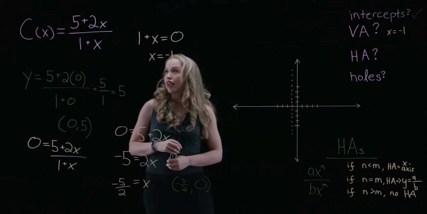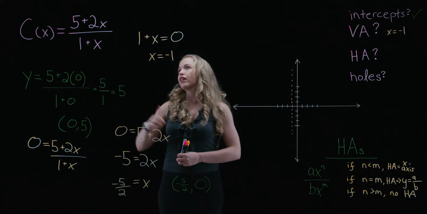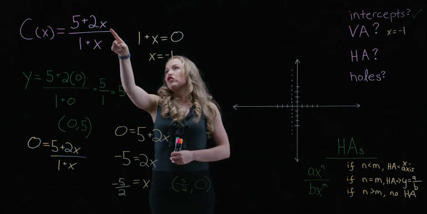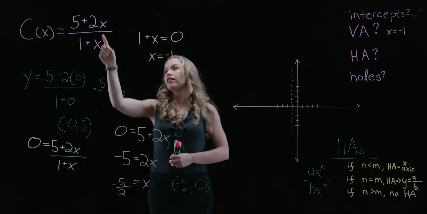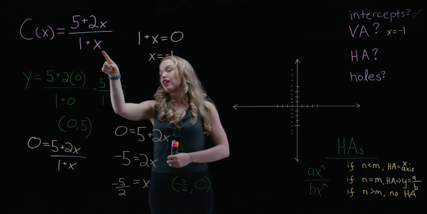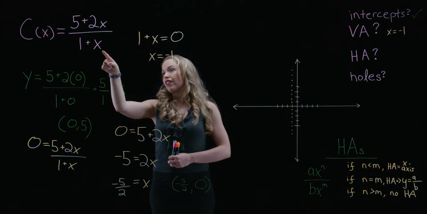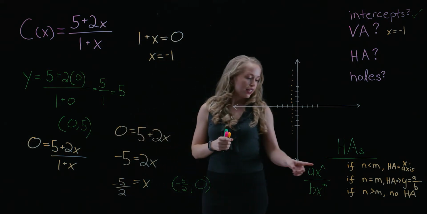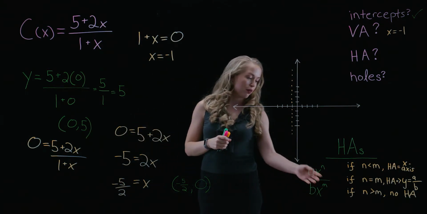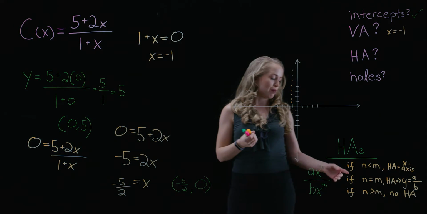If I look at my function in this particular problem, the exponent on the numerator's x is simply 1. Same with the denominator. The exponent of that x is also 1, which means that my exponent on the top is equal to my exponent on the bottom, so n equals m in this case.